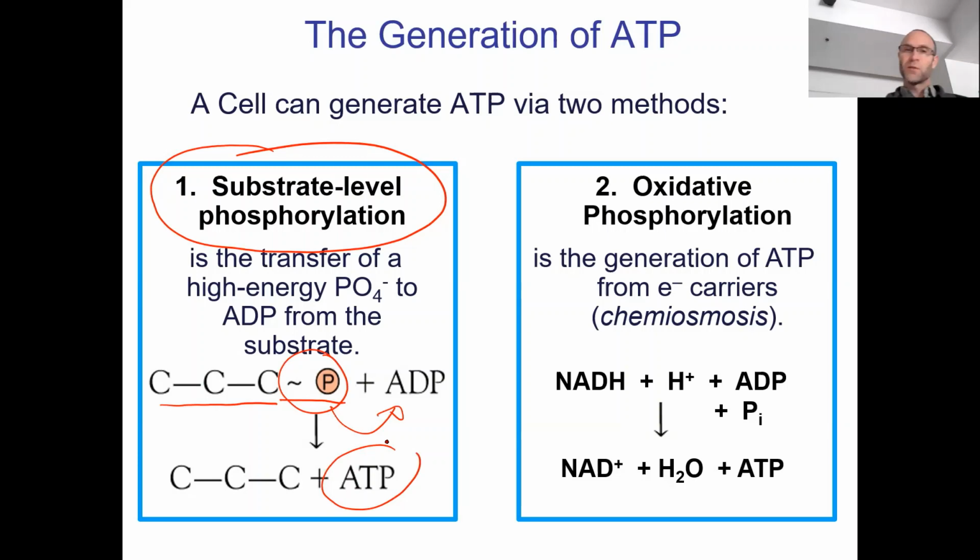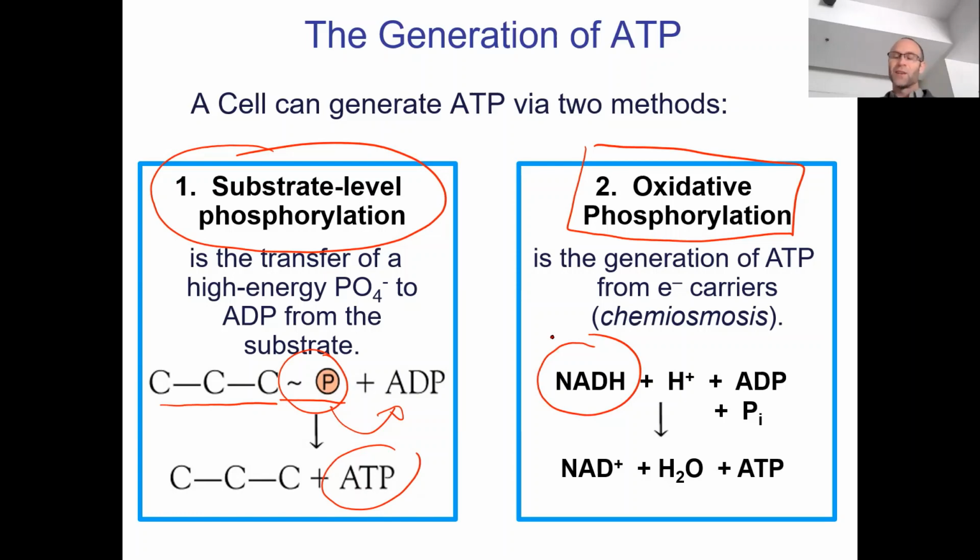And we're not going to be able to make a lot of ATP that way. If you want to make a lot of ATP, this is the way to do it. Oxidative phosphorylation. So you may have heard about the electron transport chain. Oxidative phosphorylation is part of that. So this is going to use molecules like this, NADH.